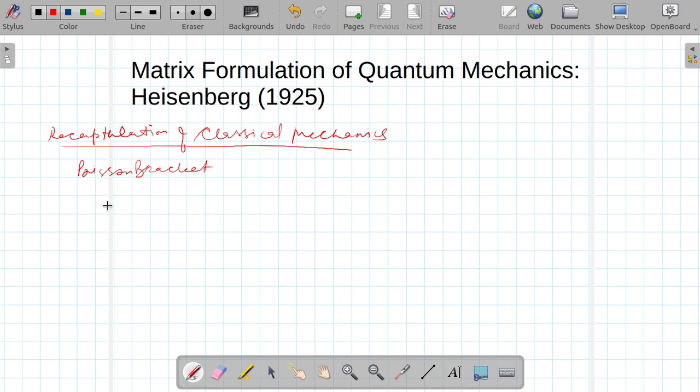Let us describe it. Consider F is a function of Q and P, where Q is a generalized position and P is a generalized momentum. I am considering two functions F and G, which depend upon Q and P. That means these are two functions in phase space.